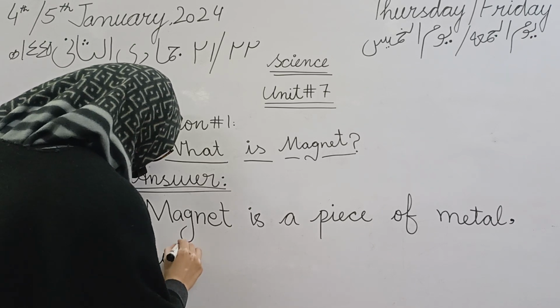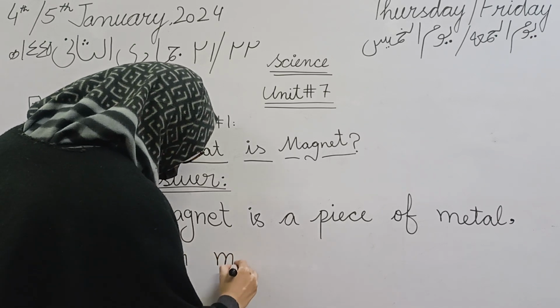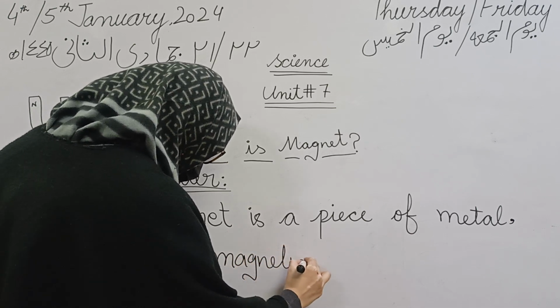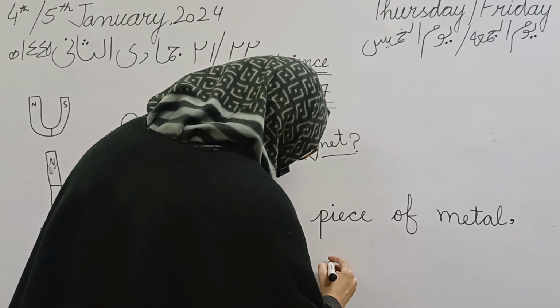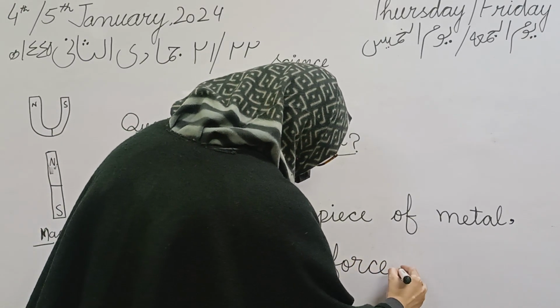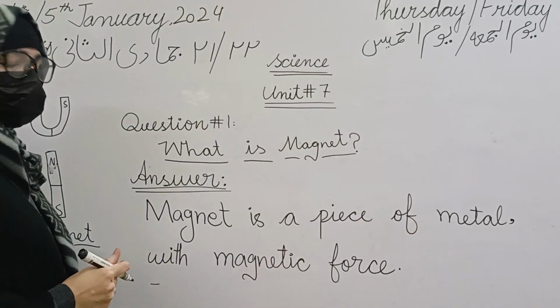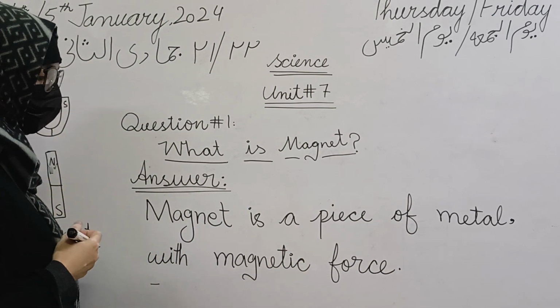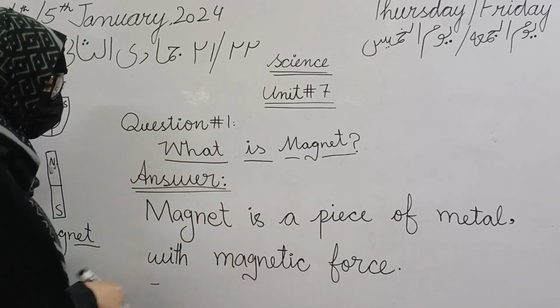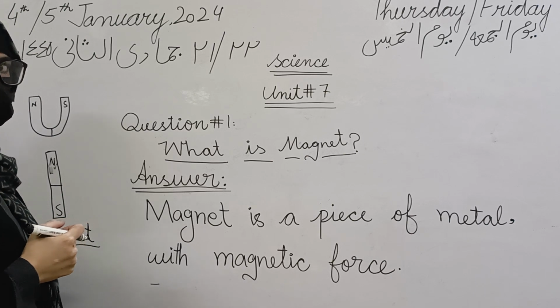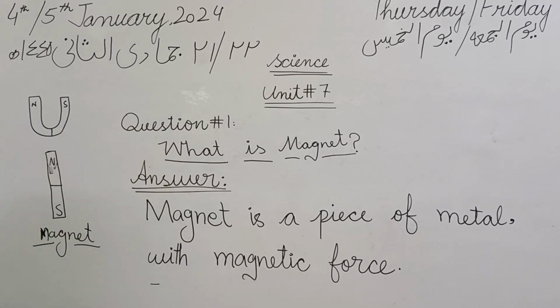With magnetic force. So, what was the next point? Think about it. Magnet is a piece of metal with magnetic force. Okay, think about it.